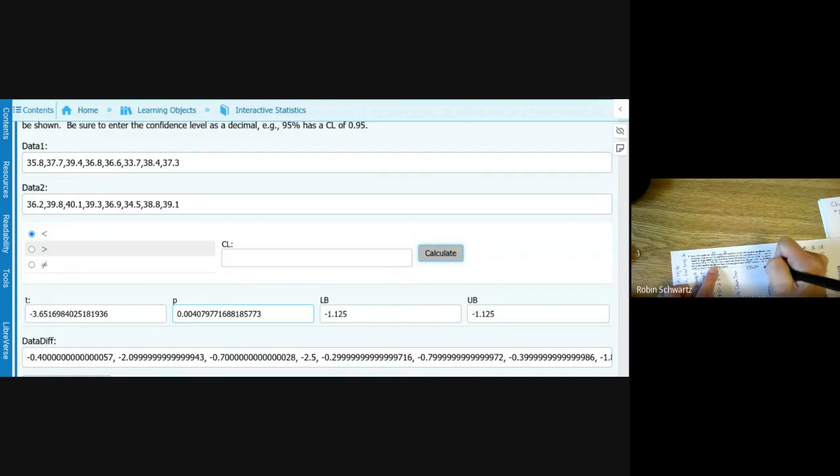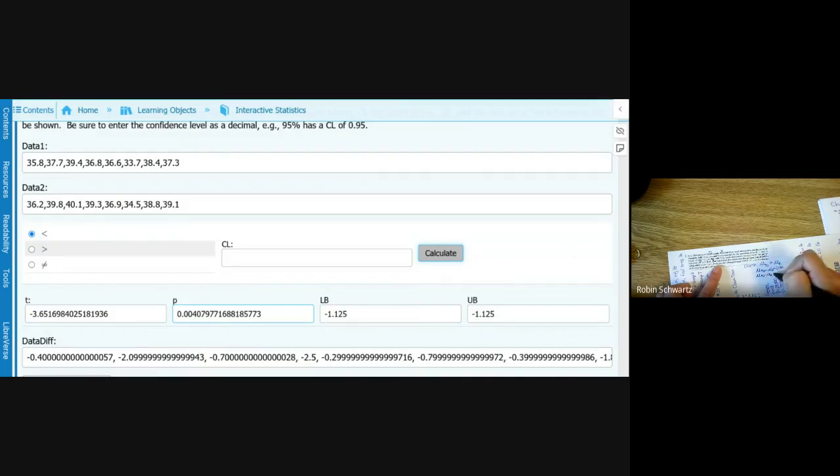So the claim would be that the proportion from 1990 and in a recent study, and it says that has not changed, which would make them equal. So the difference would equal 0, making that the null.